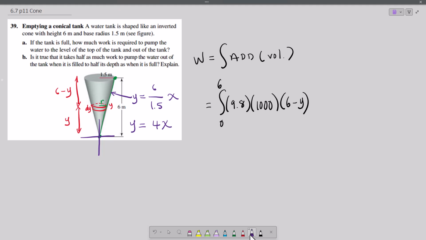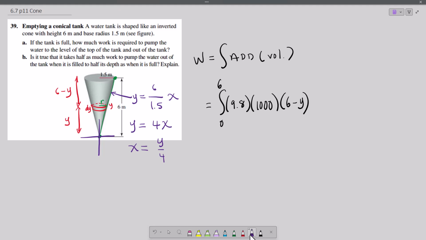So measuring height, we want to measure distance sideways, so we divide by 4. So that is the radius of the cross section at a height of y. If you plug in y equals 0, the radius is 0. If you plug in 6, you get a radius of 3 halves, 1.5. So that is our radius.